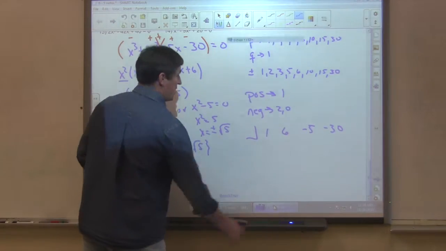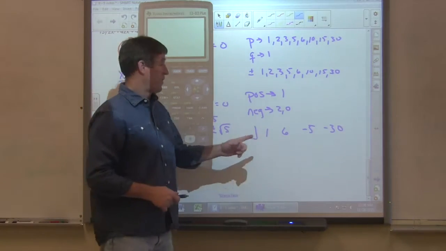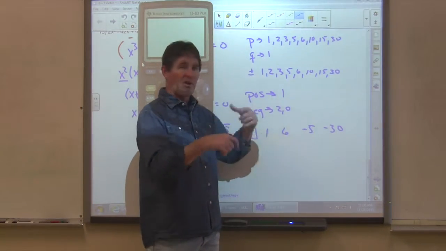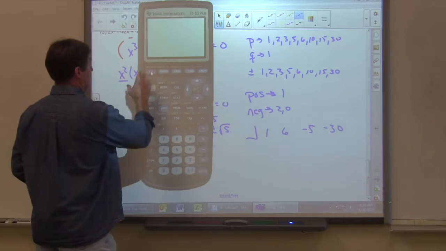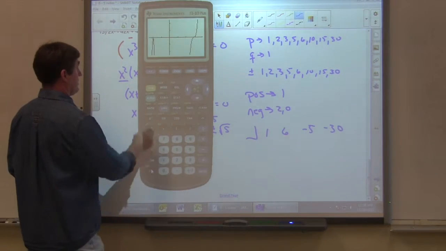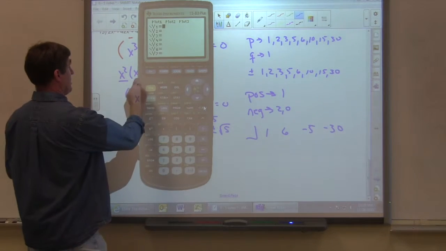One thing I'd like you to do, if you're trying and trying and trying, and you can't get an answer that works, is go to the graphing calculator, and go to y equals. We can just plug this equation in.